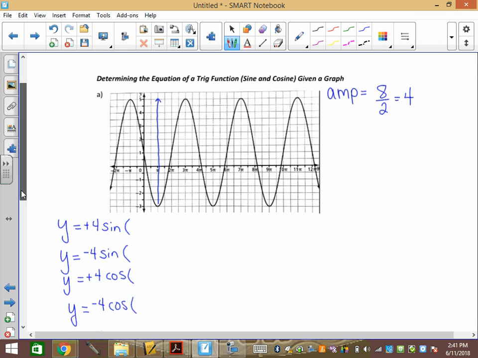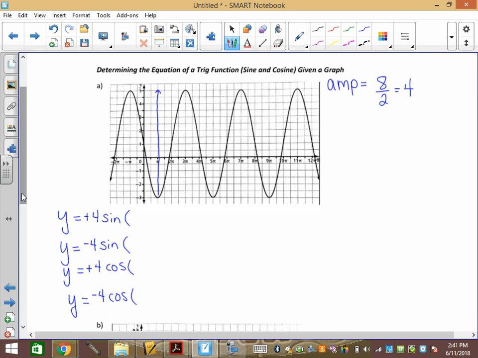The next thing I need is the b value. How do I get the b? From the period. So it's going to be 2 pi divided by p. Why is it 2 pi and not 360 in this particular question? Because the x-axis is in radians. How long does this graph take to repeat itself?